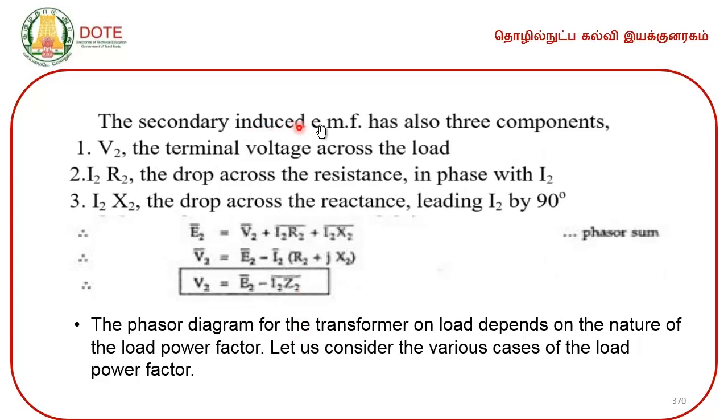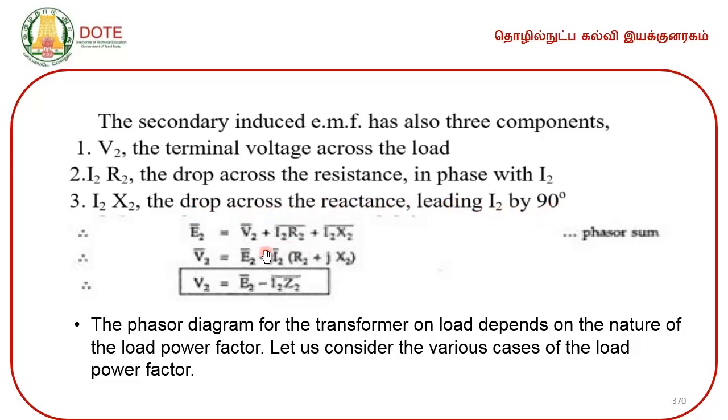The secondary induced EMF also has 3 components: V 2, the terminal voltage across the load; I 2 R 2, the drop across the resistance which is in phase with I 2; and I 2 X 2, the drop across the reactance leading I 2 by 90 electrical degrees.